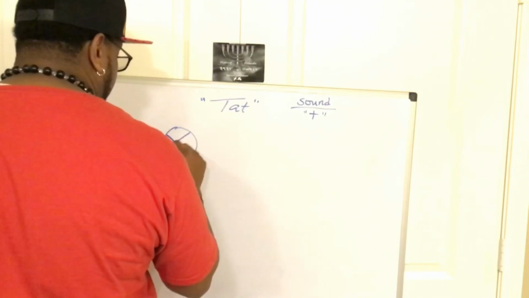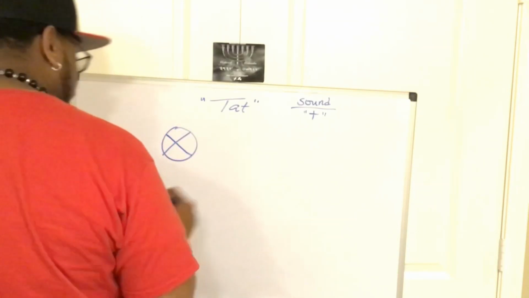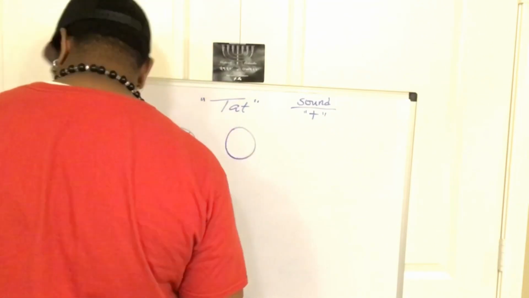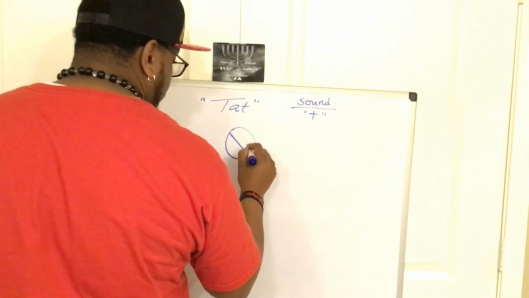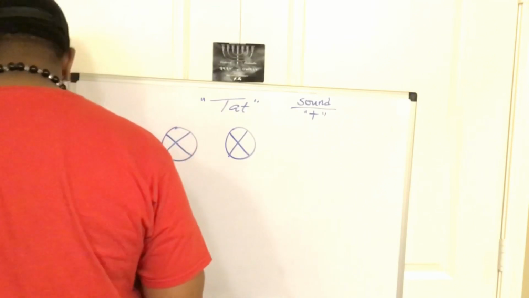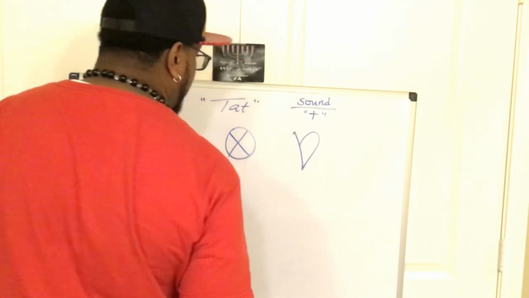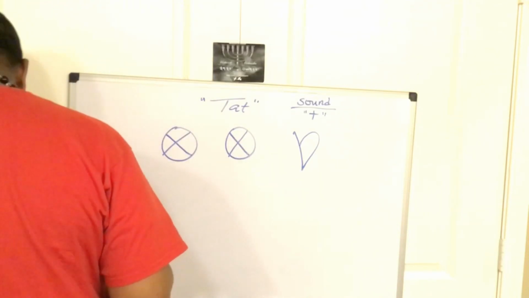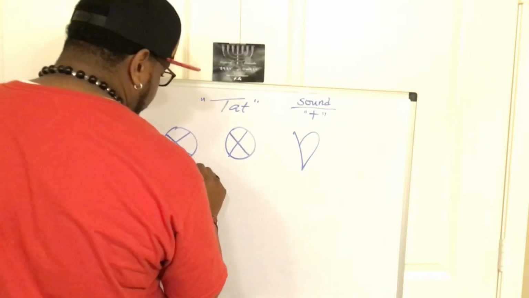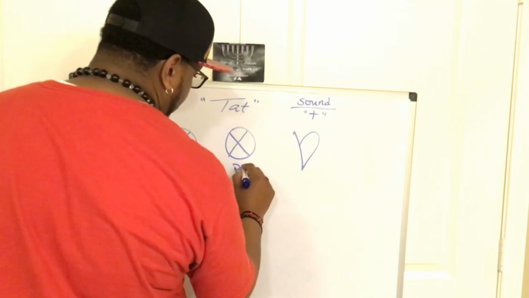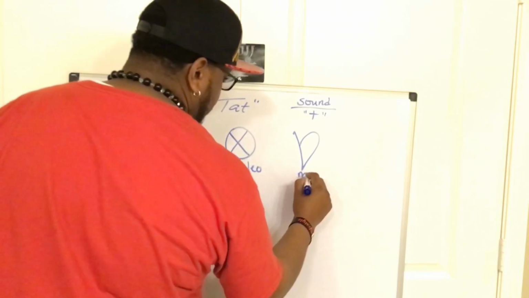It looks like an X-Men belt. And then in the modern, it looks like that. This is the Picto. This is the Paleo. And this is the modern.